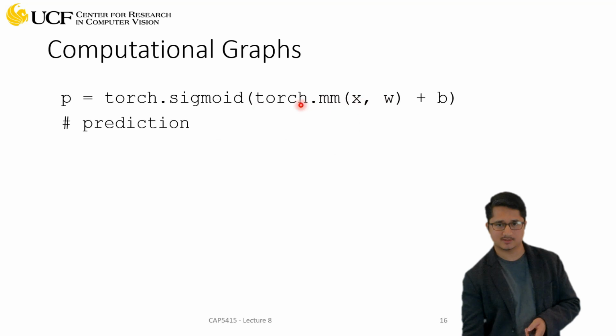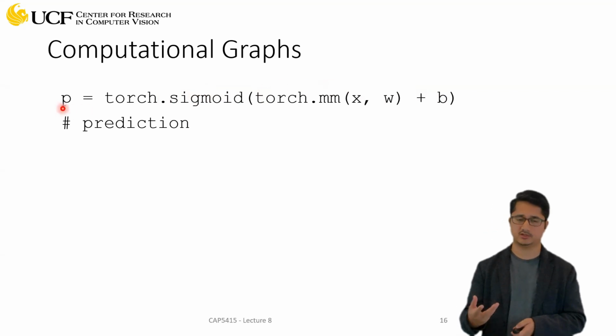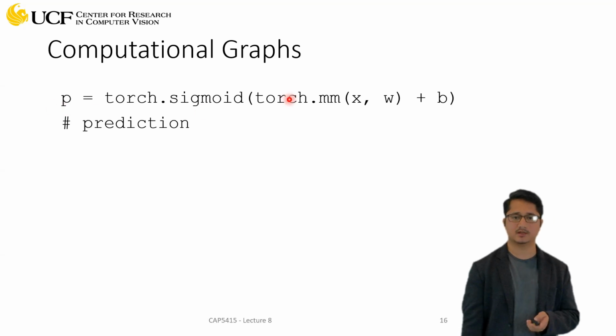This is torch dot matrix multiplication, which means you're multiplying X with the weights, plus adding biases, and then you're applying the sigmoid activation on this output, and that's going to give you the P, which is the network's prediction. So this simple one line actually defines a neural network for you.